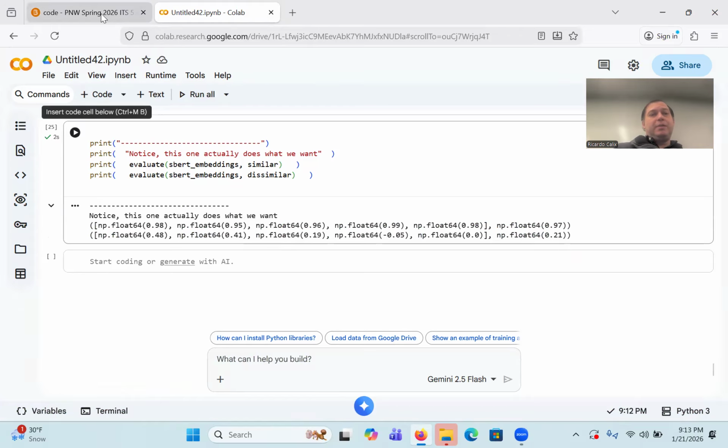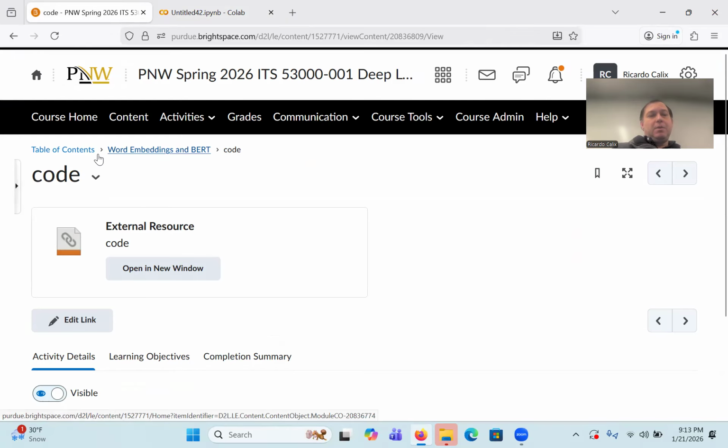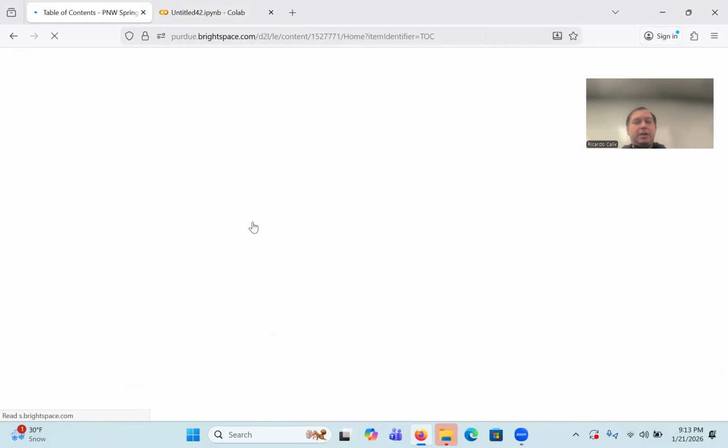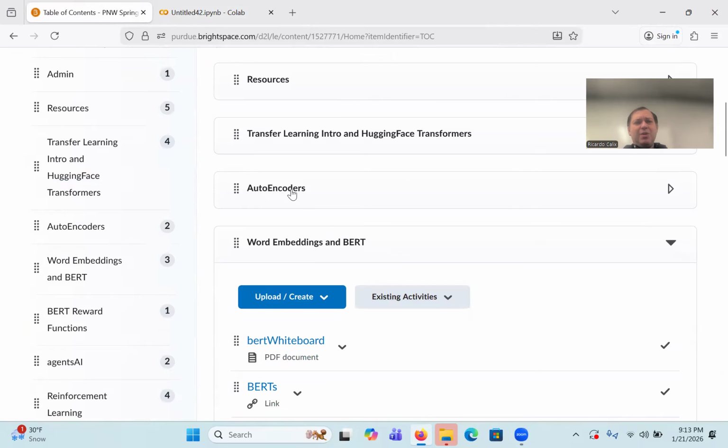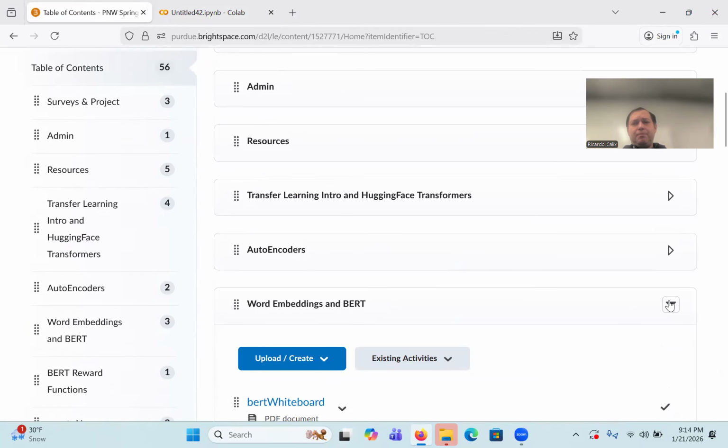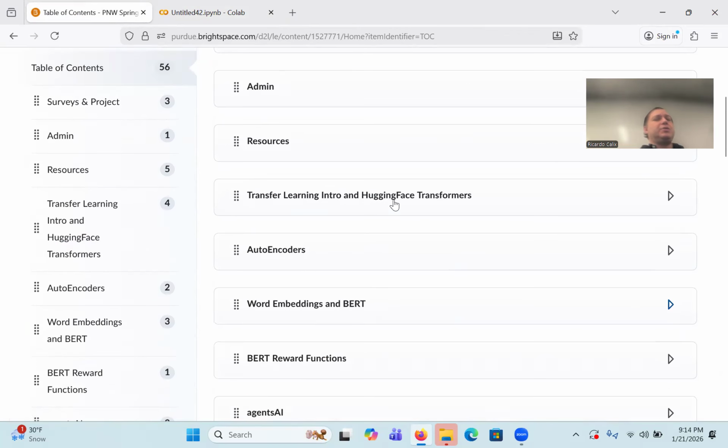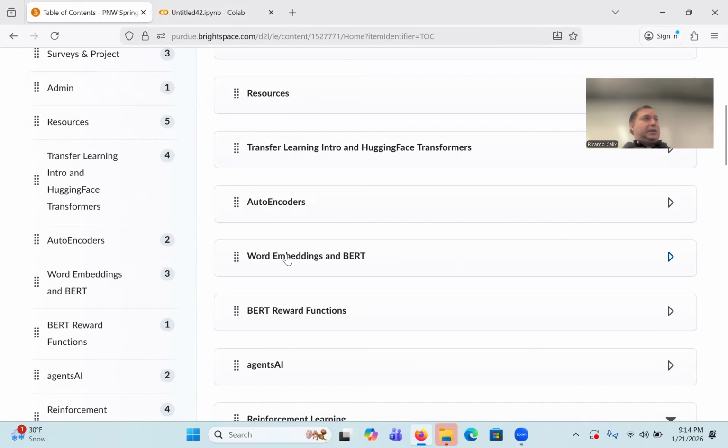You can start playing with this if you'd like. Going back to the table of contents, we finished transfer learning intro and Hugging Face transformers. We covered autoencoders. As I said, look for a homework related to this by the weekend. And we are currently here.